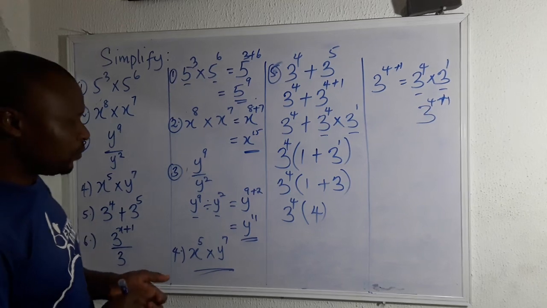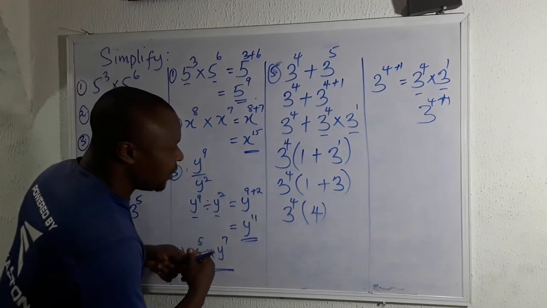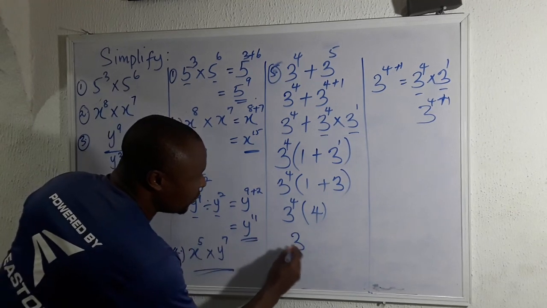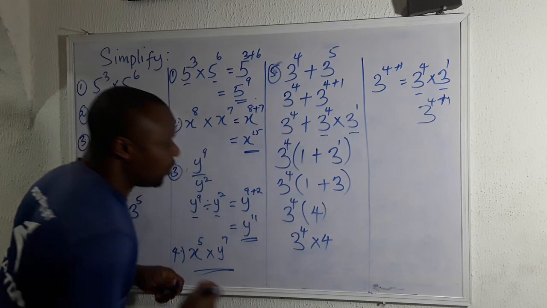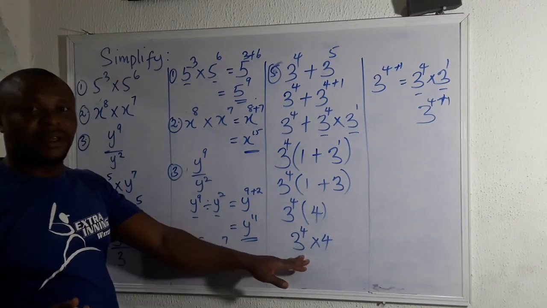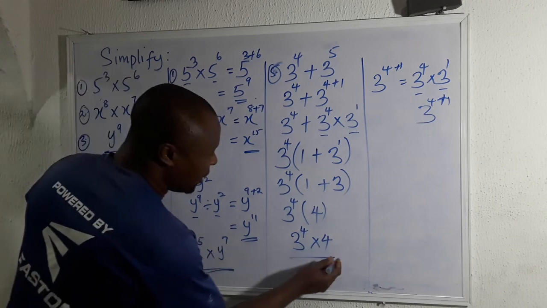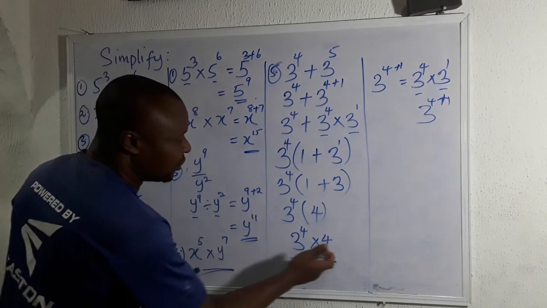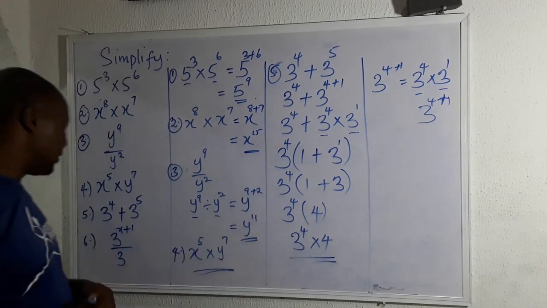So what we have here is 3 raised to power 4 times 4. We can leave it like this, because these bases are not the same.